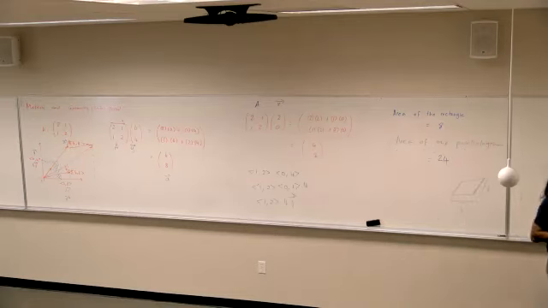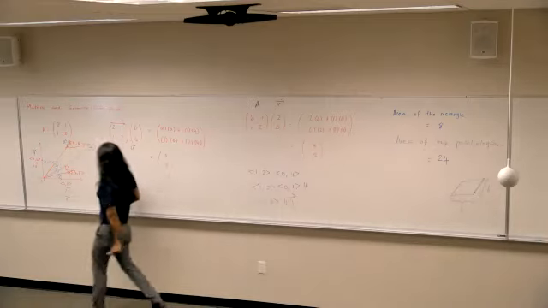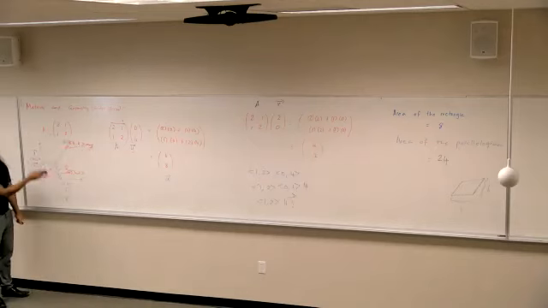Good. Okay. I started with these two vectors. I applied the transformation. I got that vector and that vector. Completed the parallelogram, with me so far?